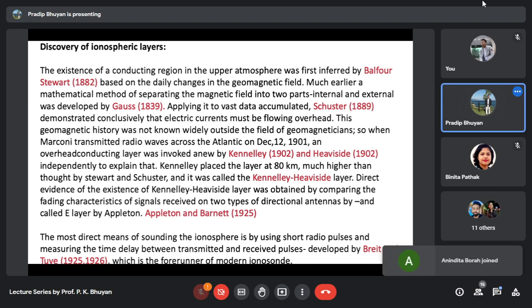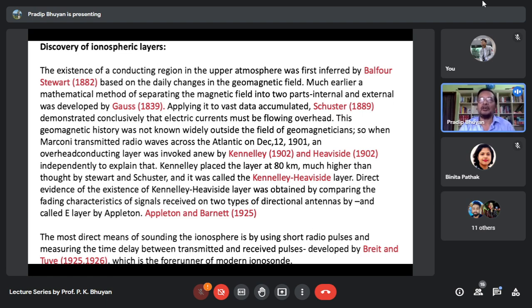So Kennelly in 1902 and separately at the same time Heaviside also predicted that there should be an overhead conducting layer.